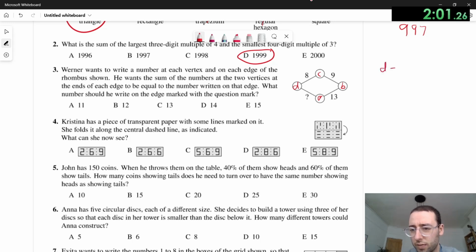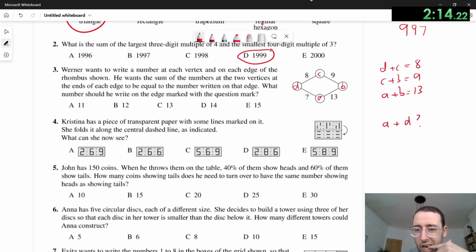Okay. D plus C equals 8. C plus B equals 9. A plus B equals 13. So what's A plus D? What's happening here?